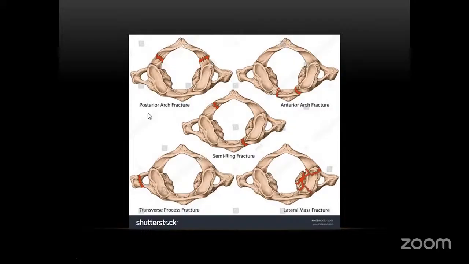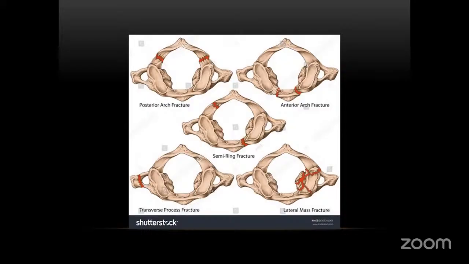So this is Jefferson 1, this is Jefferson 2, this is Jefferson 3, this is Jefferson 4. Am I correct? Yes. The other one with the lateral mass is also the 4. This is Jefferson 4. That is called the comminuted fracture, a burst fracture when bilateral rings are involved.